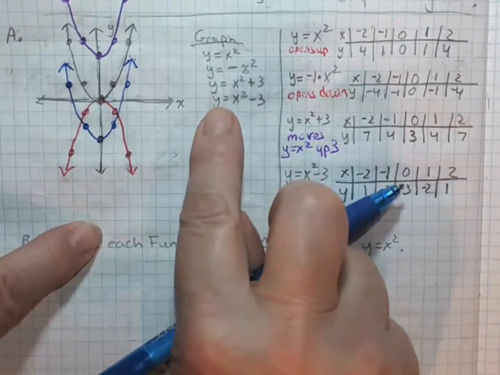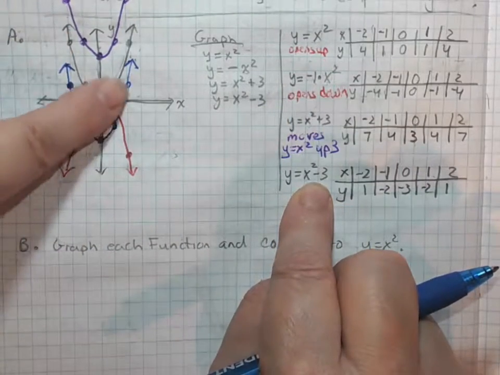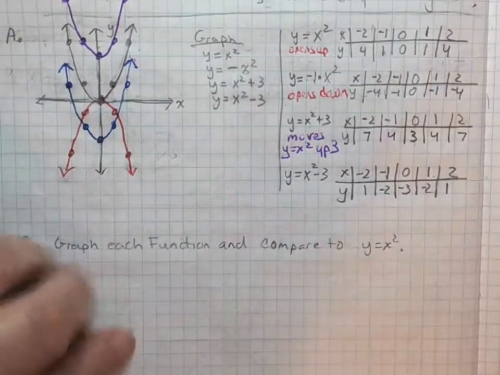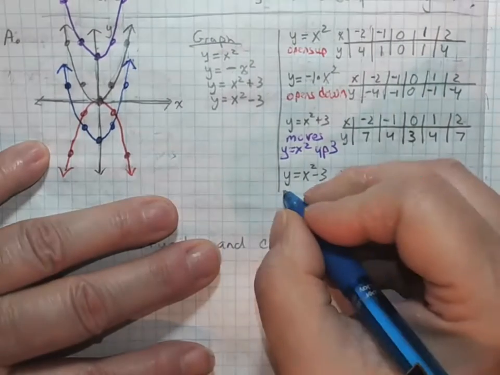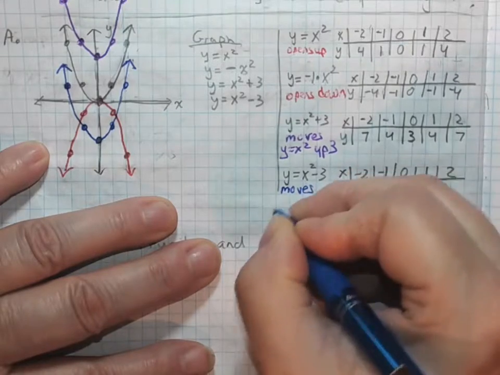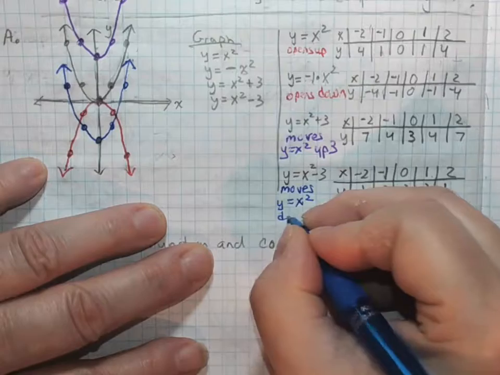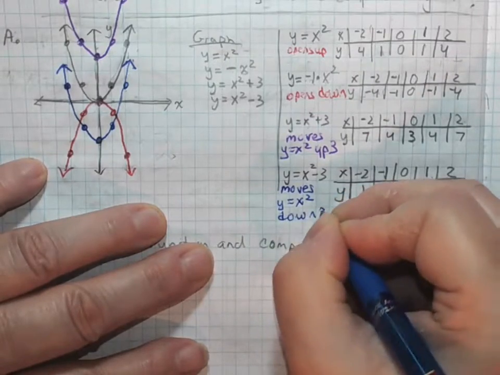So if you thought that the whole graph would shift down 3, you were correct. The y equals x squared graph went down 3 units. Let's write that. It moves the y equals x squared graph down 3.